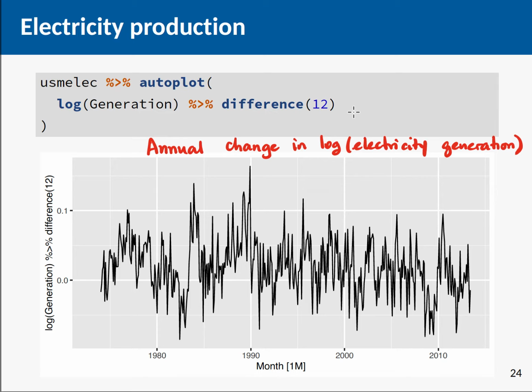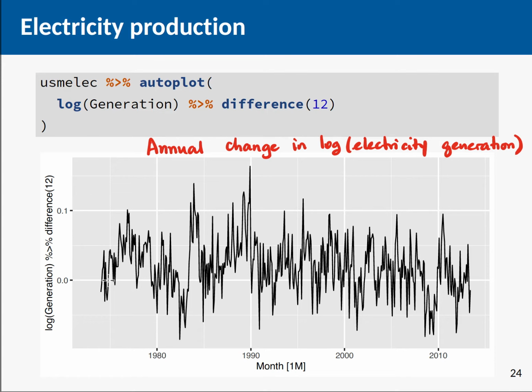Okay, so if you have quarterly data, then you would put 4 over here. Okay, so what you do get here, because we are manipulating the series first, we're taking logs and then we're taking the difference. If you look at the log difference, then you really just have the annual change or the percentage change in annual terms for electricity consumption, or production in this case, I'm sorry.